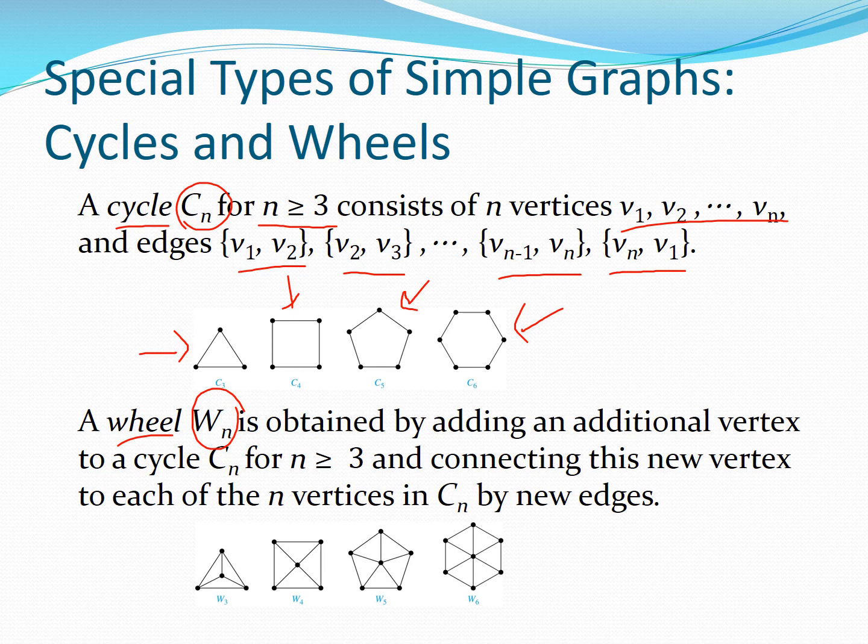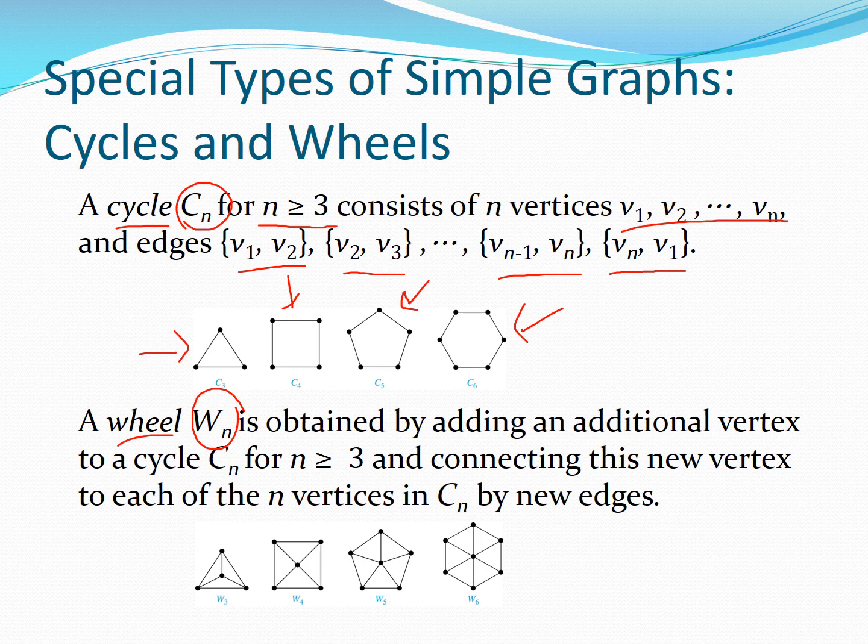A wheel is basically an extension of a cycle. If you take a cycle with n vertices, add an extra vertex, and add edges connecting this extra vertex to every other vertex in your graph, then it is called a wheel.